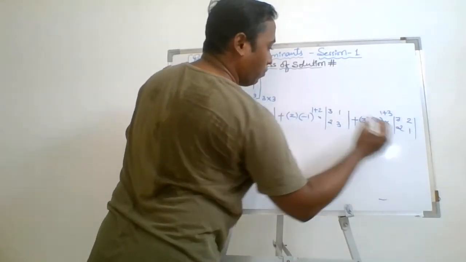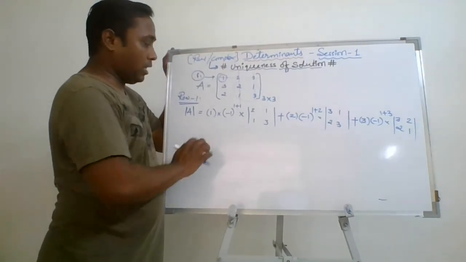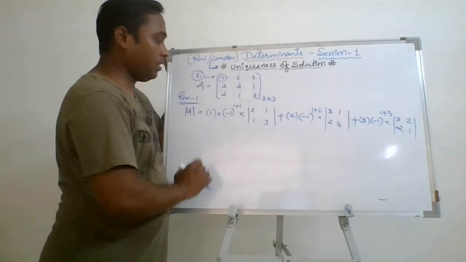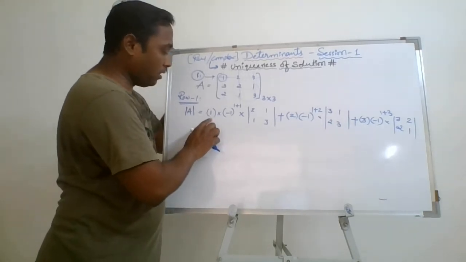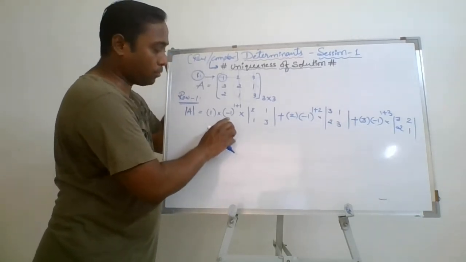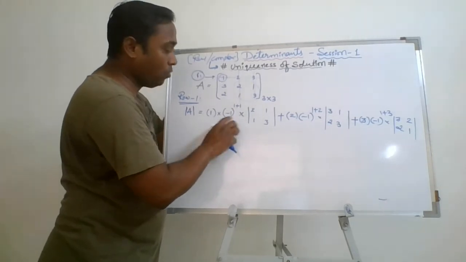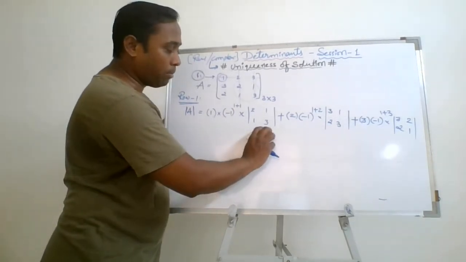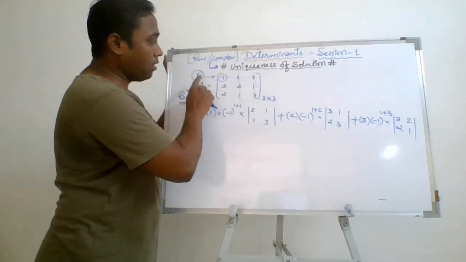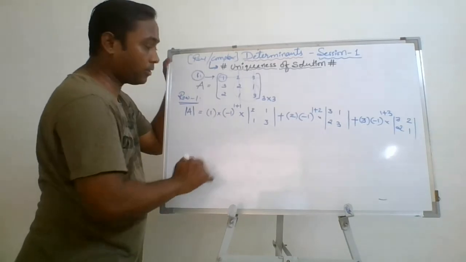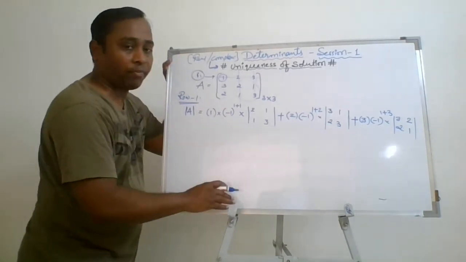So this is a way to find the determinant of a 3 by 3 matrix simply by writing the particular element and its position, minus 1 to the power of its position, into the 2 by 2 determinant after eliminating the row and the column of that element, nothing else. Now the rest is only simplification.